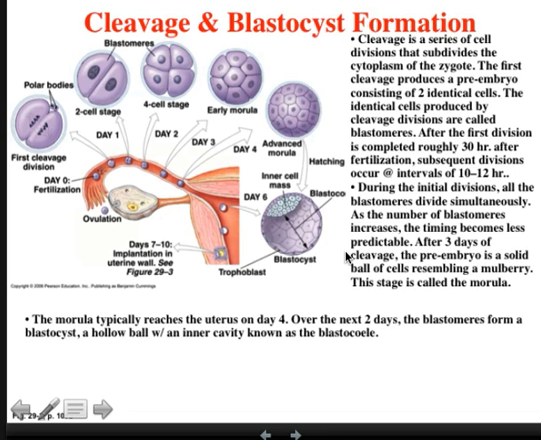Essentially, to create this hollow ball, what happens is that cells at the inferior margin of the morula begin to divide more rapidly than cells near the inner cell mass, and they meet medially, sort of like a skirt hanging down from the solid ball of cells. And when they meet, they form a thin layer of tissue that's going to surround the entire inner cell mass.